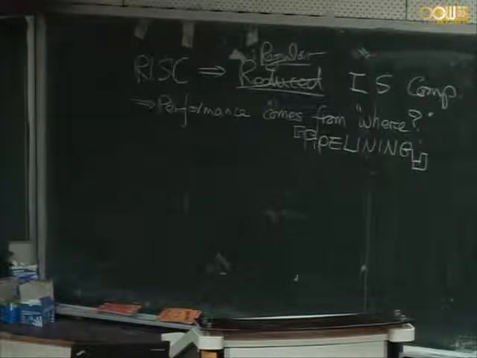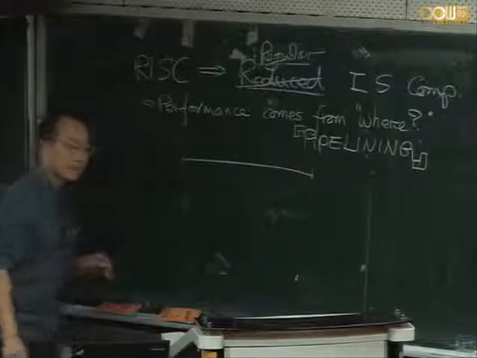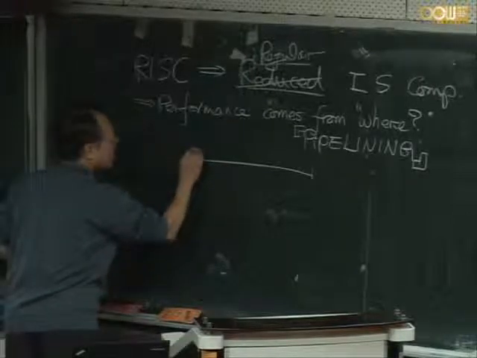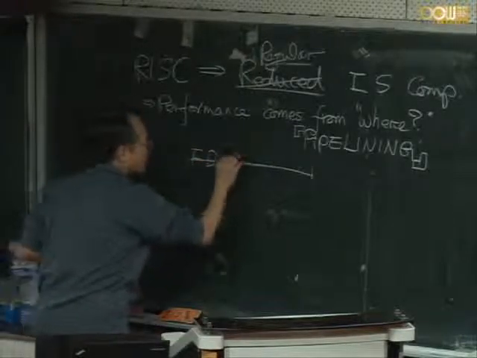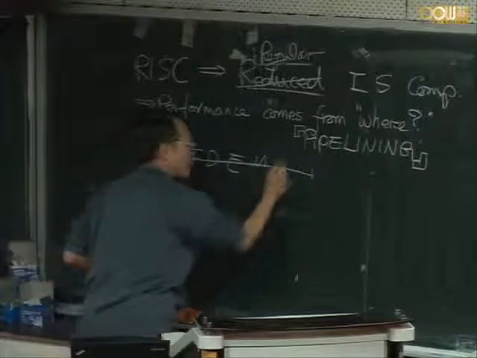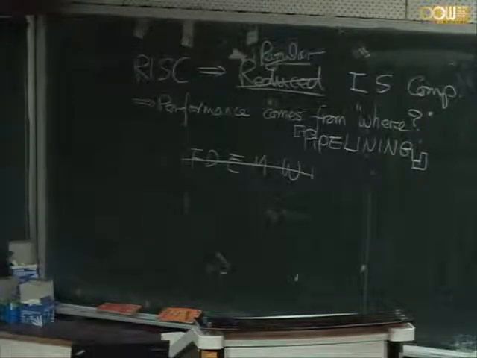Because during the life cycle of an instruction, it usually will have to go through fetch, decode, execute, and some may need to access memory and put the result somewhere before it goes away.